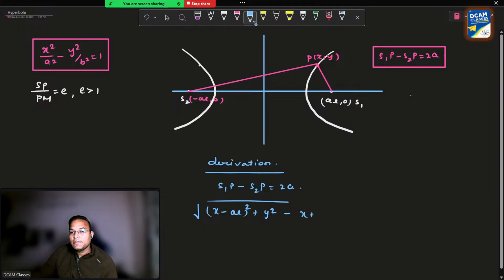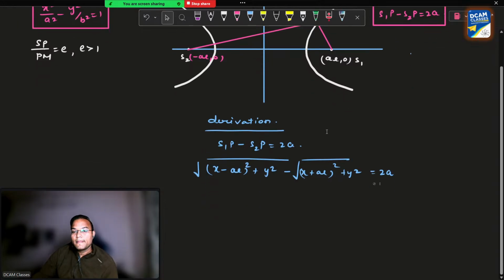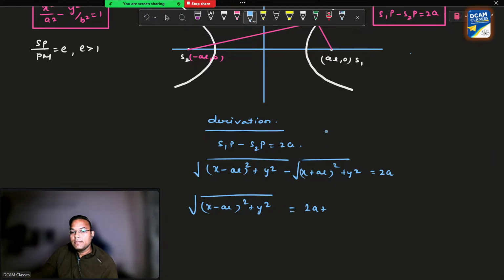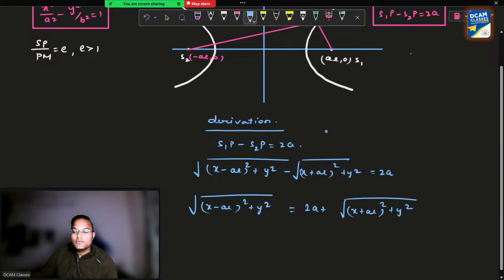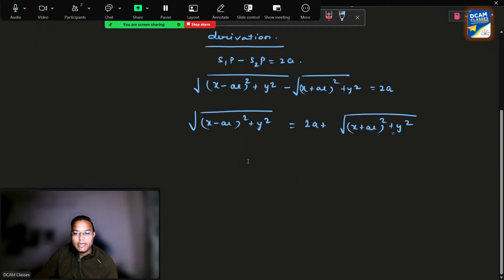S2P is root over (x plus ae) whole square plus y square, and the difference is equal to 2a. Now root over (x minus ae) whole square plus y square is equal to 2a plus root over (x plus ae) whole square plus y square. Square and add, you will get the result.